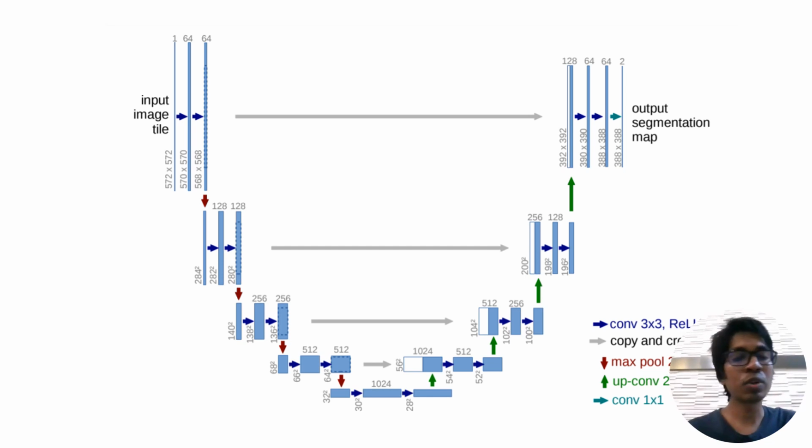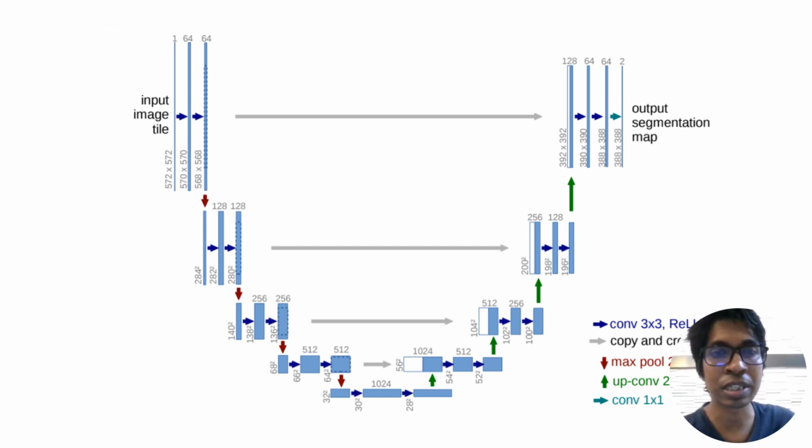U-Net is basically a convolutional neural network architecture used in biomedical engineering, first discovered in 2015 at a German university. It is a fully convolutional neural network, and we call it U-Net because of its shape.